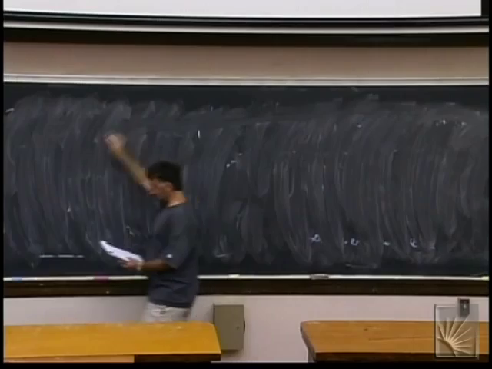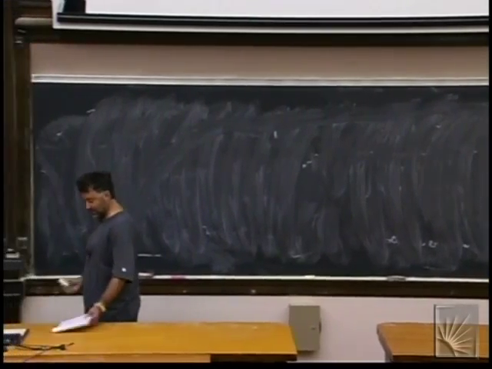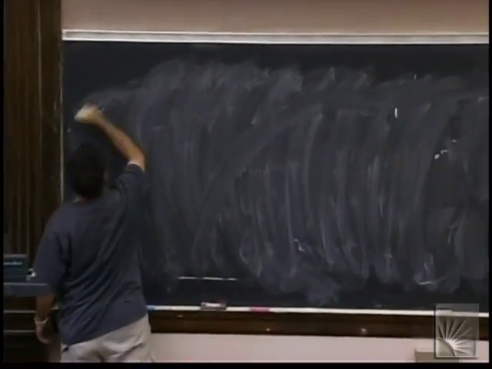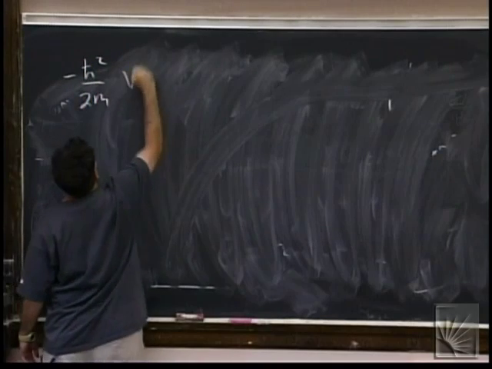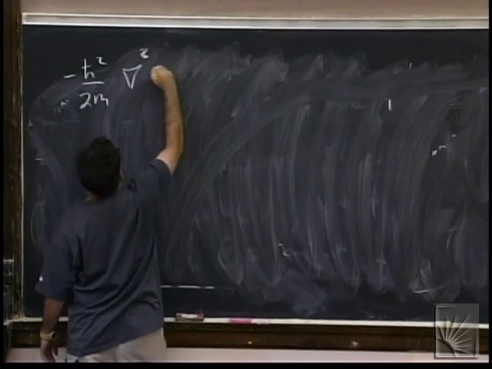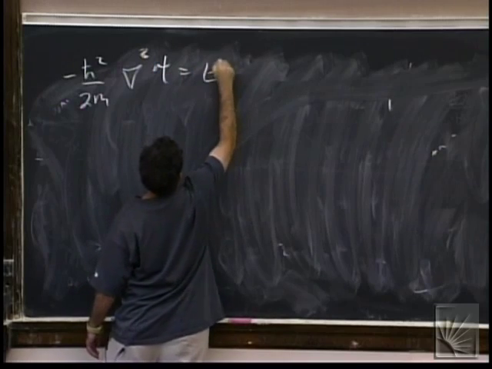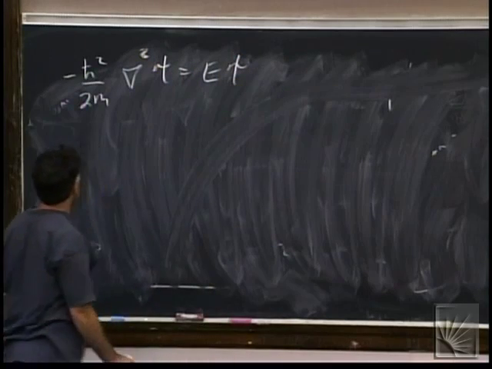So what you do is you put that wave function in the Schrodinger equation: minus h bar squared over 2m del squared psi is equal to E psi.